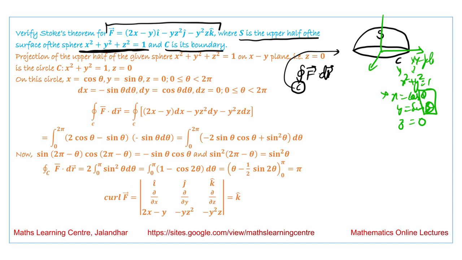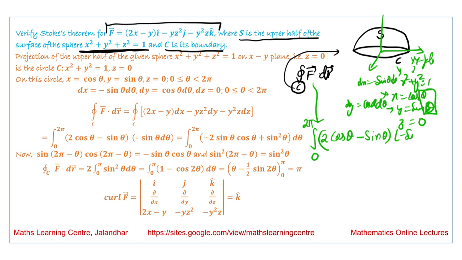Corresponding to this, we have dx is equal to minus sin theta d theta, dy is equal to cos theta d theta, and dz is 0. So the value of this integral becomes the integration, with theta varying from 0 to 2 pi. The value of z is 0, so the y square z term becomes 0. We are left with only the first term, which is 2 times x, that is cos theta, minus sin theta, and dx is minus sin theta d theta.